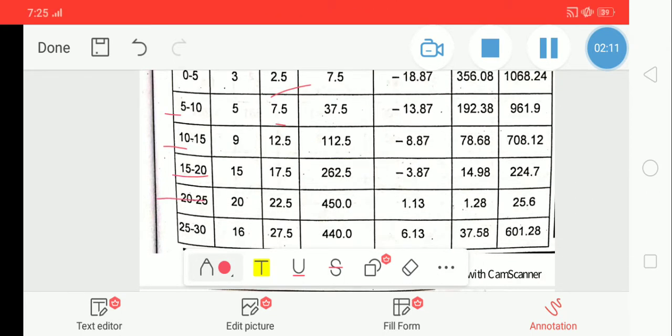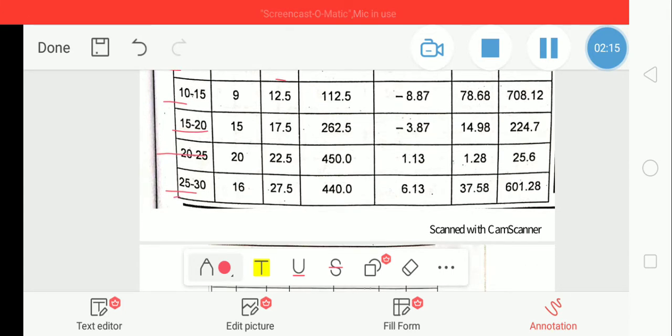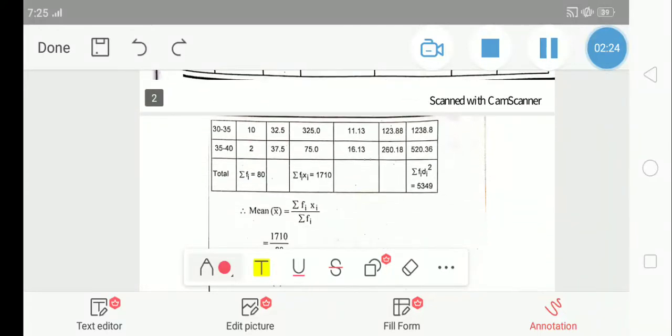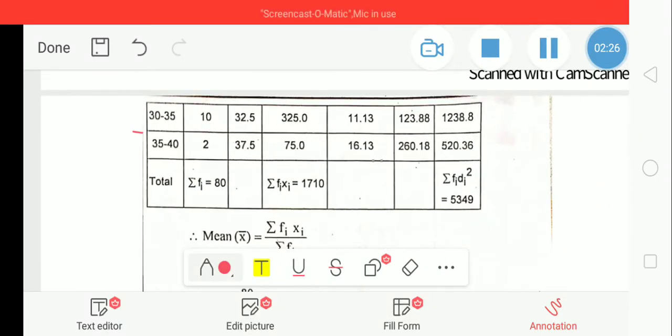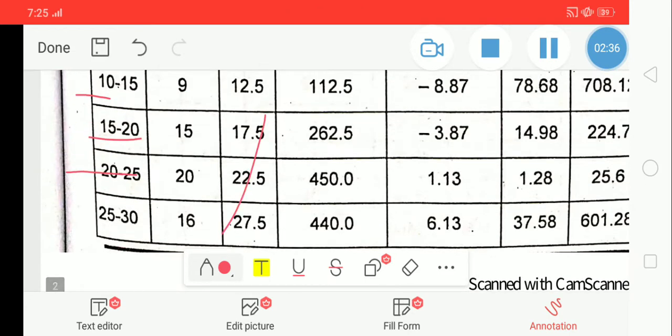Last ones: 25 plus 30 divided by 2 gives 27.5, 30 plus 35 divided by 2 gives 32.5, and 35 plus 40 divided by 2 gives 37.5. These are the mid values.